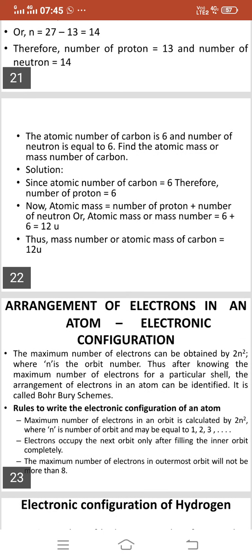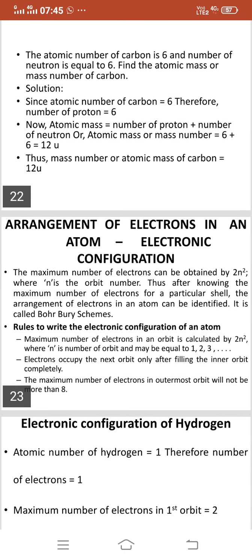Now, the next topic of this chapter is arrangement of electrons in an atom. How the electrons are arranged in an atom around a nucleus is called electronic configuration. The maximum number of electrons can be obtained by 2n squared, where small n is the orbit number.